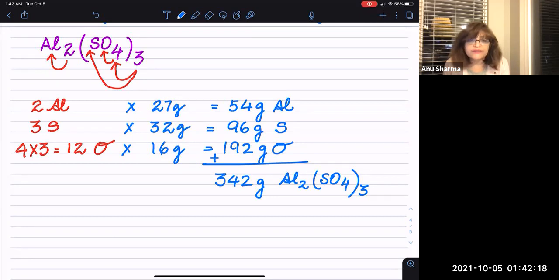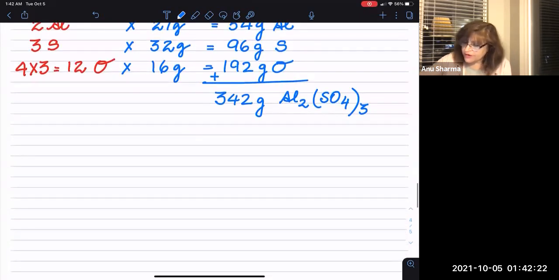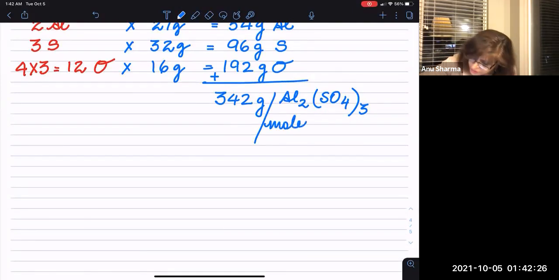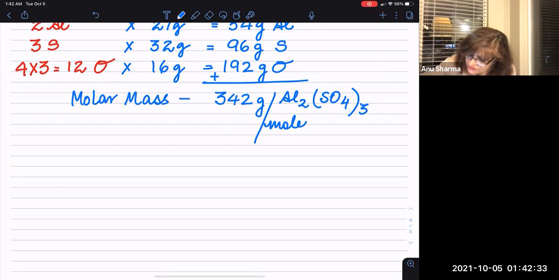When you add this up, it comes out to 342 grams per mole. That's the molar mass of aluminum sulfate, in grams per mole. This is how you do the calculations for the molar mass.